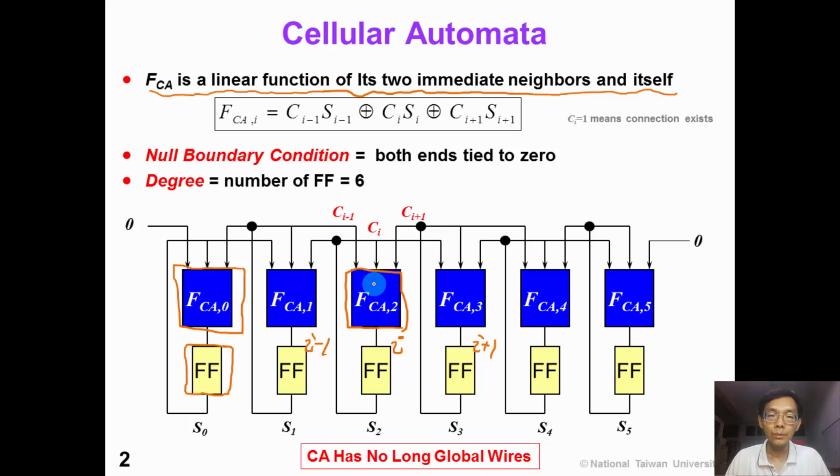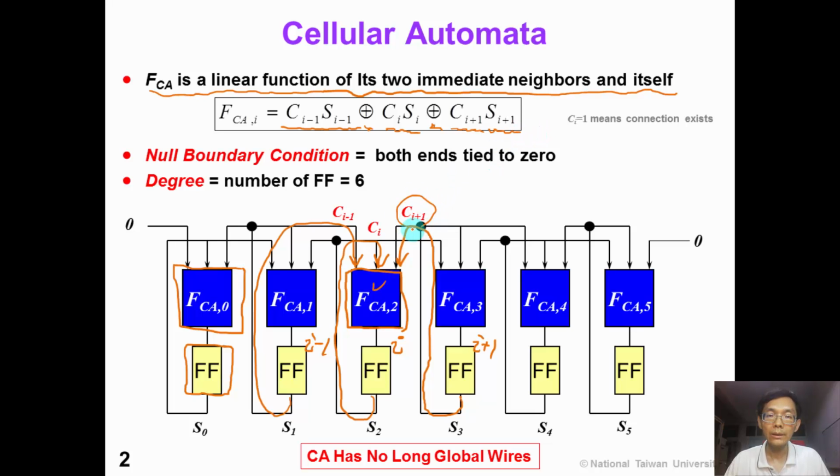So this FCA is a function of its left neighbor, which is Ci-1 times Si-1, inclusive or the cell itself, which is Ci times Si, inclusive or the right neighbor, which is Ci+1 times Si+1.